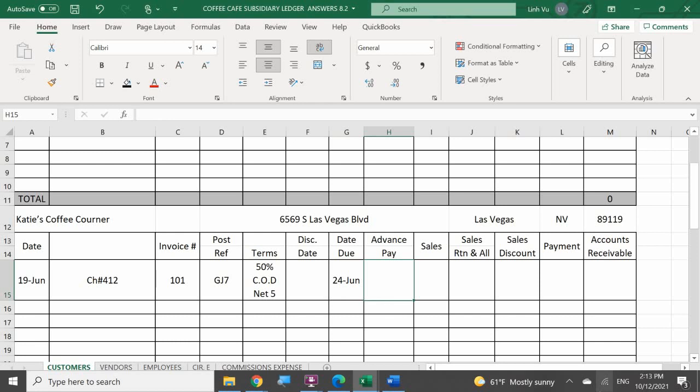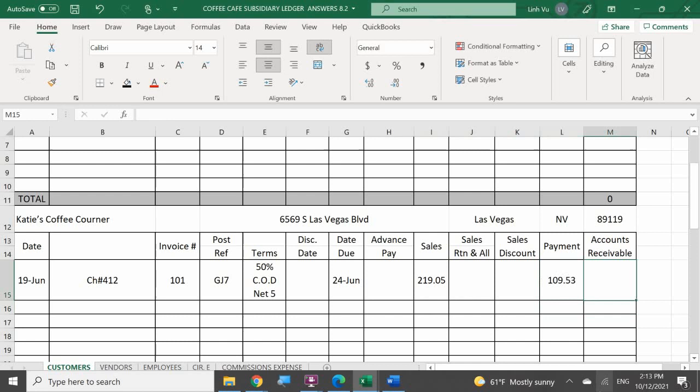What was the total amount that she actually owed me? 219 and 5 cents. And did she pay me? She paid part, so accounts receivable.